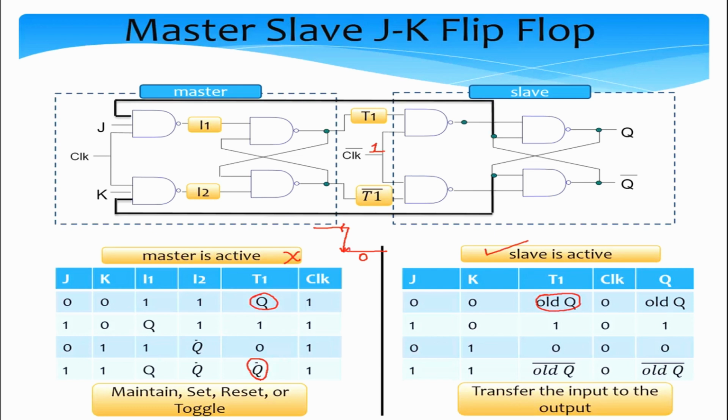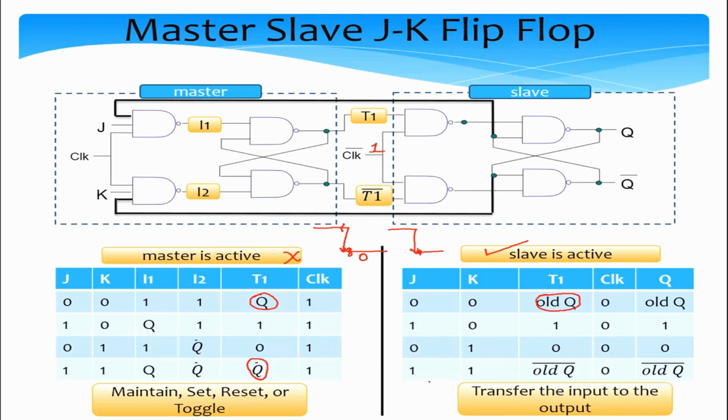It is just after the negative edge, right? Just after the transition, in a new clock cycle, the value of T1 is the old value of Q. The value of T1 when J is 1 and K is 0 is 1. When J is 0 and K is 1, the value of T1 is 0.